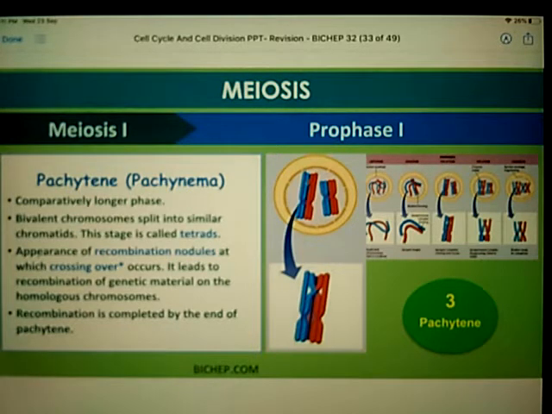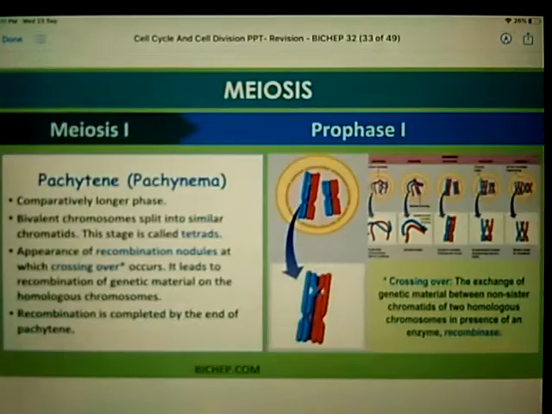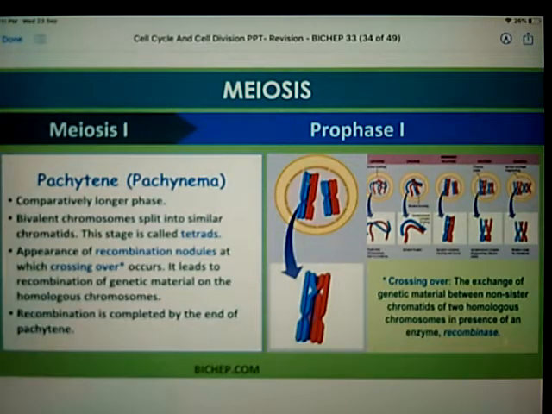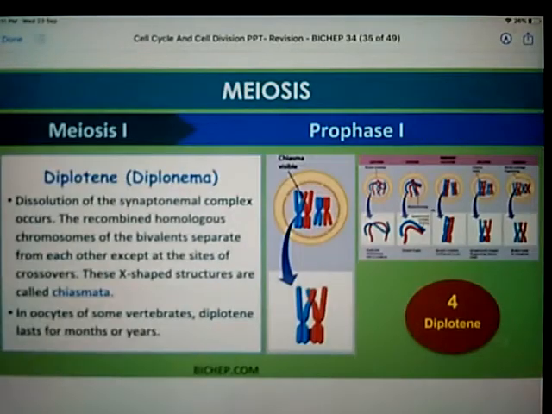Crossing over is the key feature of pachytene, and at the point of crossing over we can see a recombination nodule. Then diplotene is known as chiasmata formation, right?